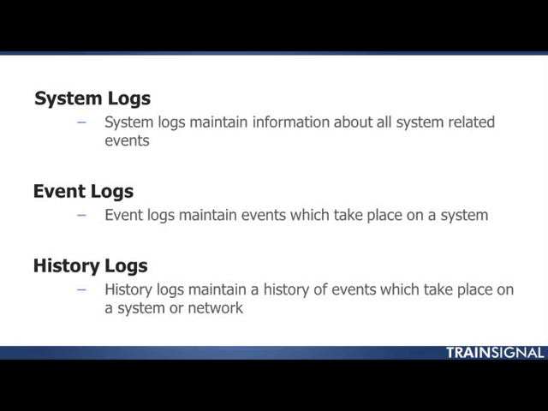Okay, all system-related events, things that have to do with the operating system itself. Whereas we have other types of event logs, which look at specific events taking place on a system. And you have history logs, which is the idea of keeping a history of those events. Although I've listed these separately as system logs, event logs, and history logs, they're kind of the same thing.